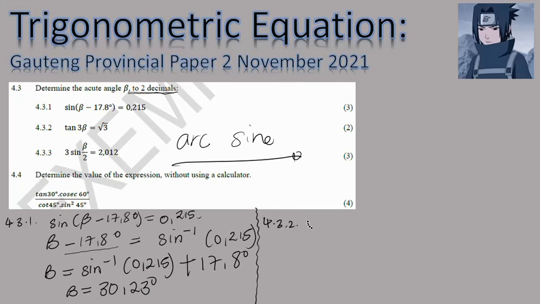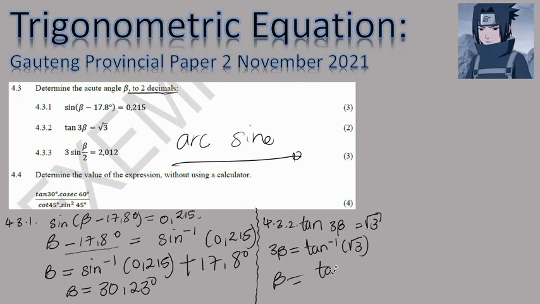4.3.2 says the tangent of 3 beta is equal to root 3. Now again, you don't waste time, you need the arctangent. As you can see there, and then afterwards I send 3 to the other side.